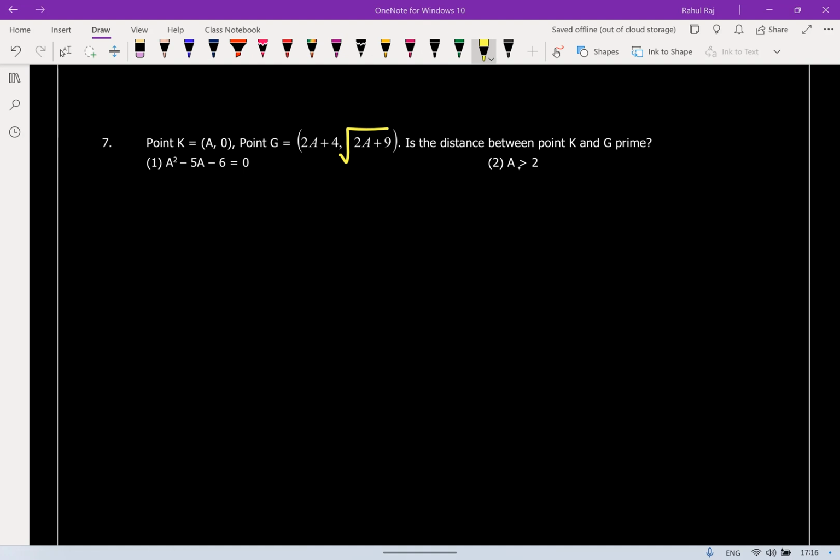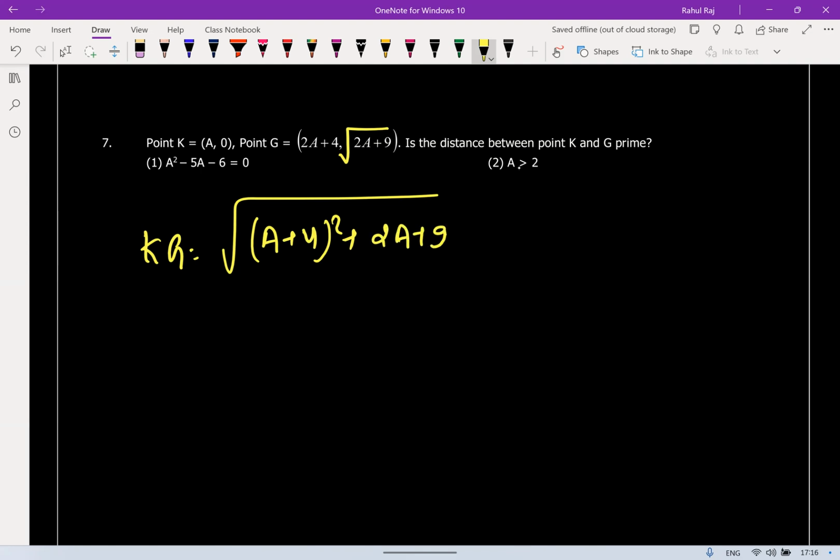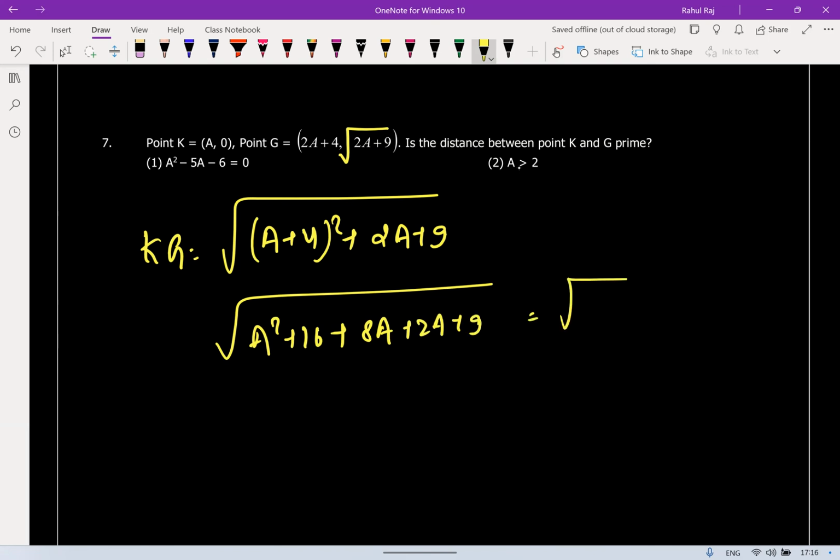So what is the distance between KG? KG is equal to 2a plus 4 minus a, that is a plus 4 whole square, plus root 2a plus 9 minus 0, that is 2a plus 9, because if you do whole square, the root will cancel. So that is nothing but a square plus b square plus 2ab plus 2a plus 9. That is nothing but a plus 5 whole square, and KG is nothing but a plus 5.